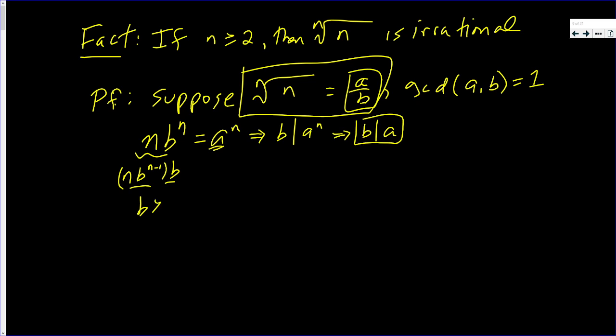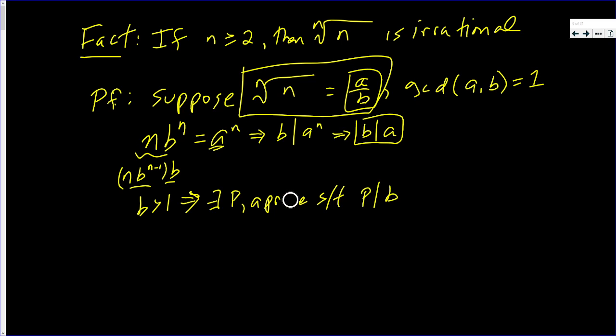Now, if b is bigger than 1, that implies there exists a prime p such that p divides b.